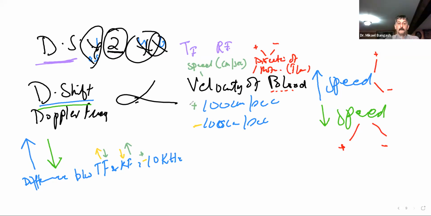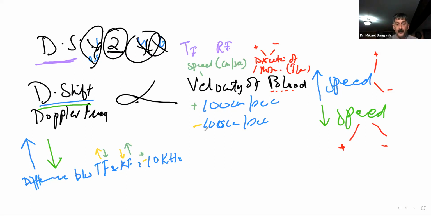Where we will say here that the blood is moving towards the transducer at a speed of 100 centimeters per second. Now, towards the transducer will be positive. The speed is 100 centimeters per second.